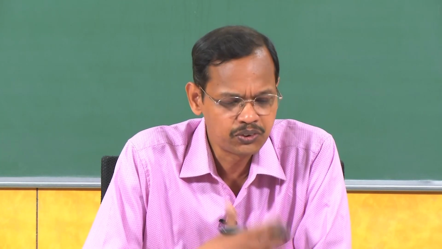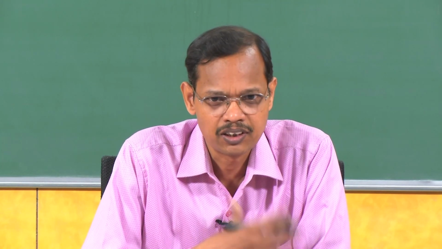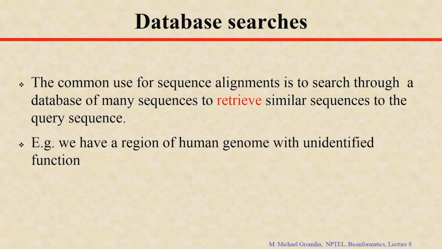Now in this lecture, we will see how to use these alignments and what software tools are available in the literature which are commonly used for aligning sequences or identifying the match for any query sequence. So why do we need this? What is the use of sequence alignment?